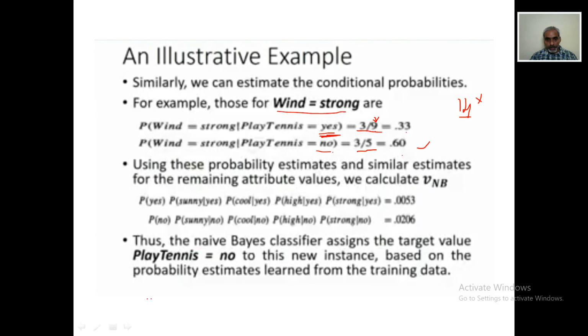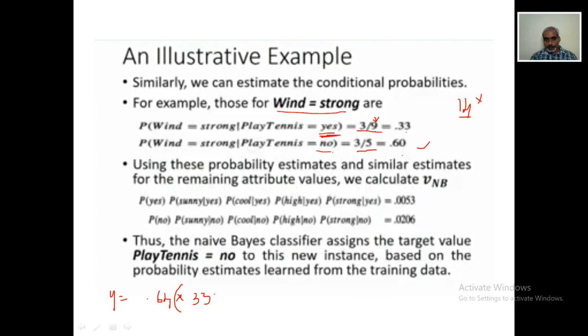Now take that 0.64 multiplied with, for wind equal to strong for S, how much did you get? 0.33.